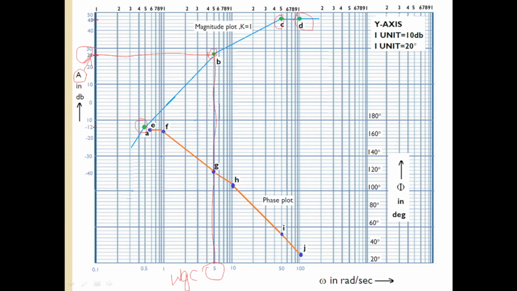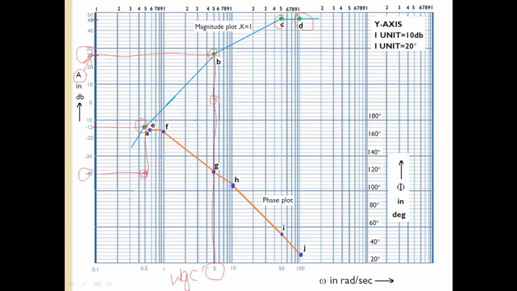So here this is my 0 point. Similarly, point A is at minus 12. Minus 12 minus 28, what do you get? Minus 40. So from minus 40, draw a straight line to this exact location. This is my point.